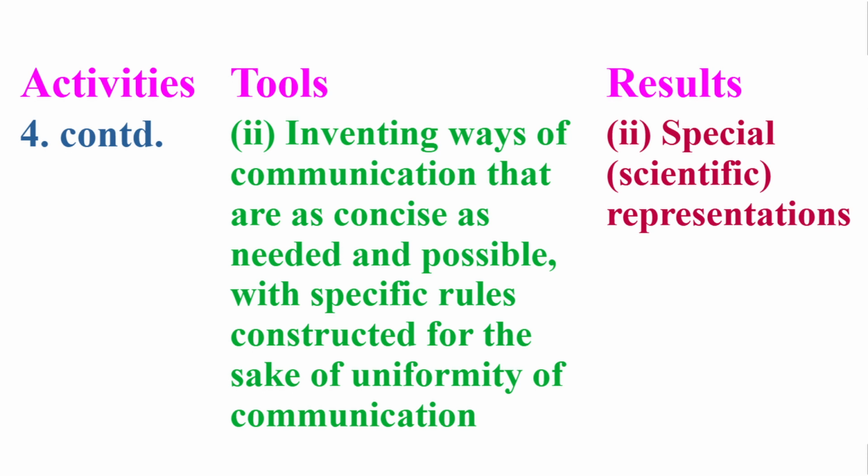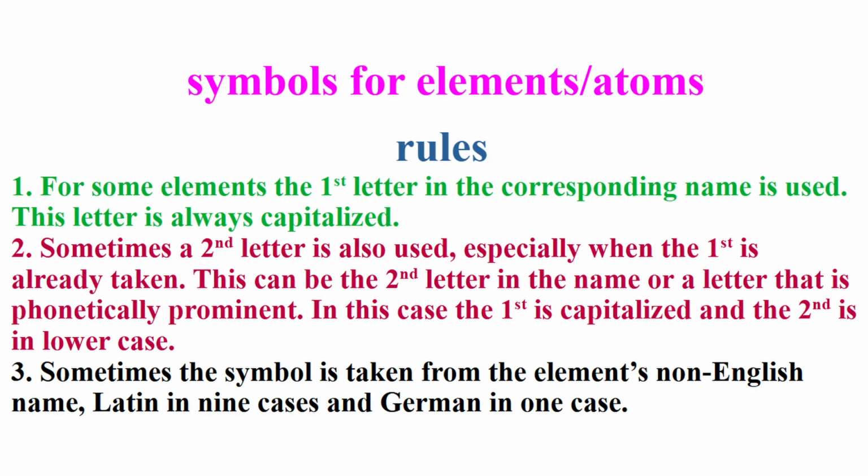It is important that students know these rules and follow them strictly. For example, the most fundamental special representation in chemistry is the symbol used for each element and the corresponding atom. The specific rules that ought to be followed are listed here.